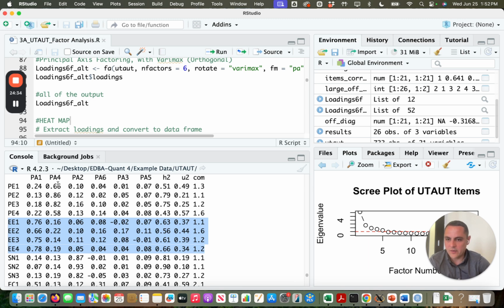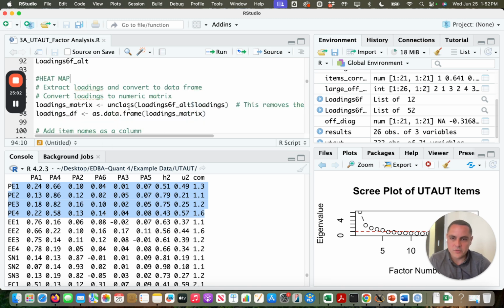You can see that largely is performance expectancy, right? You look across at PA4. So basically we're making similar statements around the factor analysis and what each of those represents.